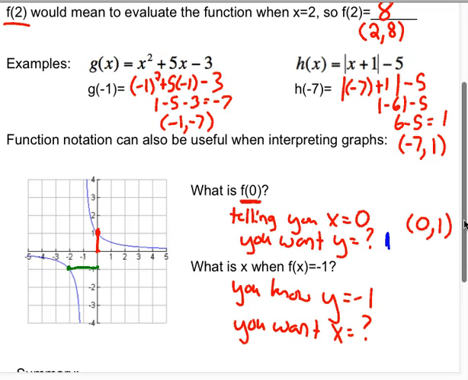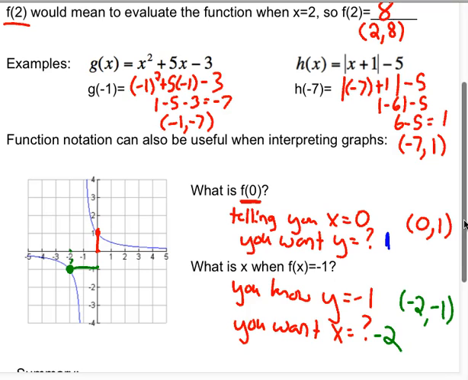So that's where the graph is when y is -1, and it wants the x value. Well, the x value is going to be -2. All right, so here when we're looking at this, this is telling us we have an x value of -2, y value of -1. So there is another point on the graph. But just know what they're giving you and know what they want from you when they're using this notation.